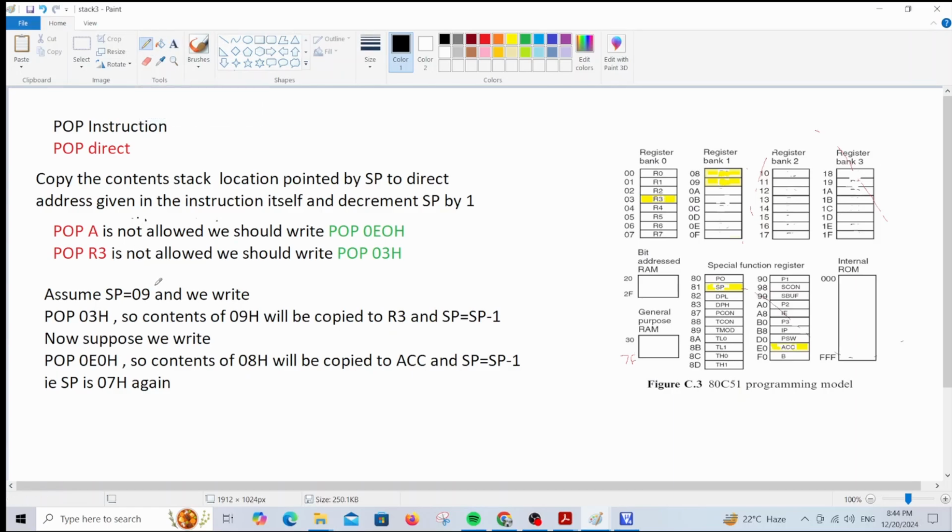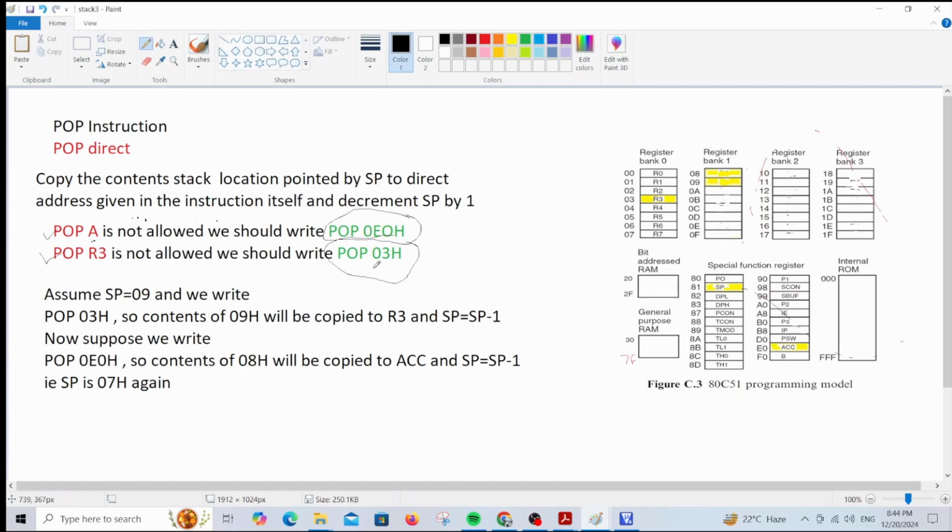Suppose we want to pop into the accumulator or pop into R3. But note that we can write only in the direct address way. So pop 03 or pop 0E0, as we discussed, because the accumulator's address is E0 and R3 is 03.